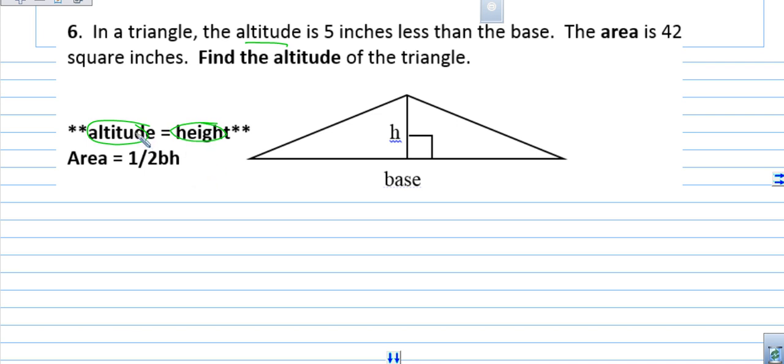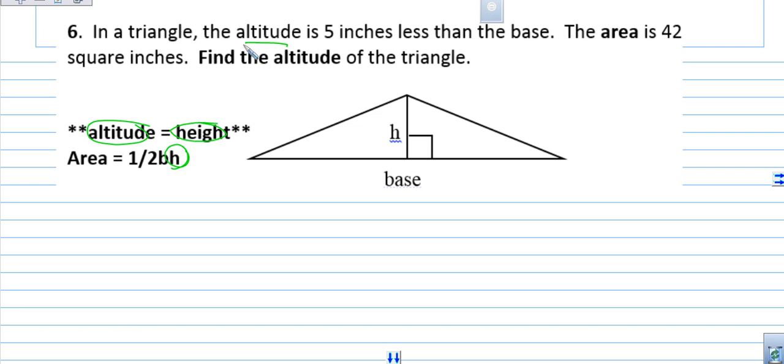Altitude is like it goes from the vertex and forms a right angle, whereas the height is just the right angle of a triangle. It doesn't necessarily have to go from the vertex to the middle of the base. Okay? So the height is going to be the altitude, okay?